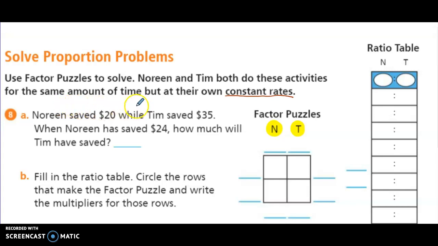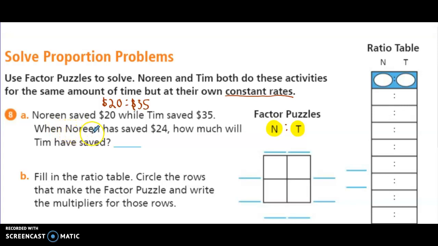The ratio from this sentence, the given information, is Noreen's $20 to Tim's $35. I know that's how it's in words, but this is how we would write that out in ratio language.